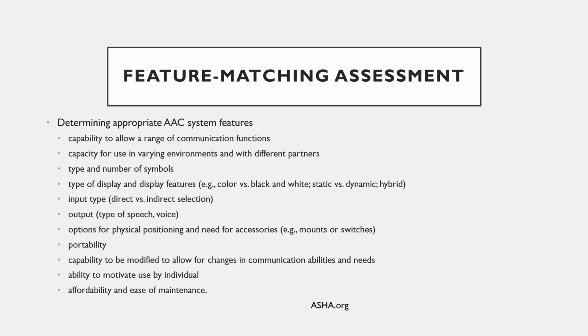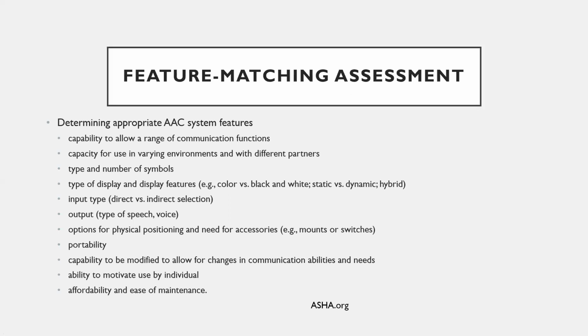Now, the feature matching assessment, I took this from ASHA. I think this is a really lovely summary here of the different features that you want to think about and you want to go through, and then you match with a particular system. So, for example, we'll start with the capability to allow a range of communication functions.